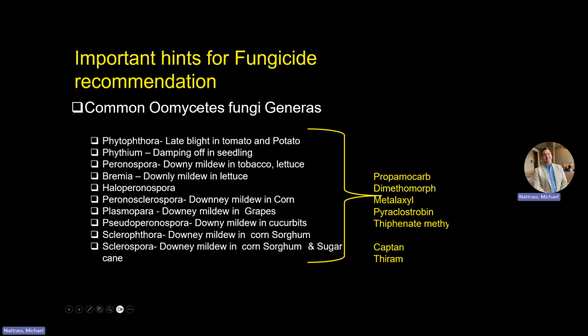And remember, back from module 3.1, when we talked about the different fungi, these chemical classes are family specific. So once you have your disease and you get it identified and you know that it's an Oomycete, then you know that you're likely to use some of these particular compounds.